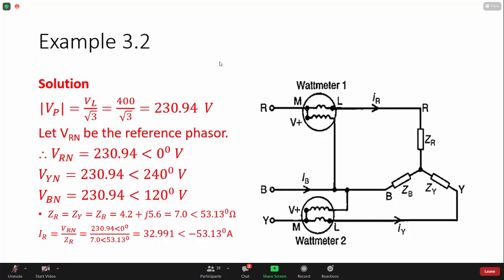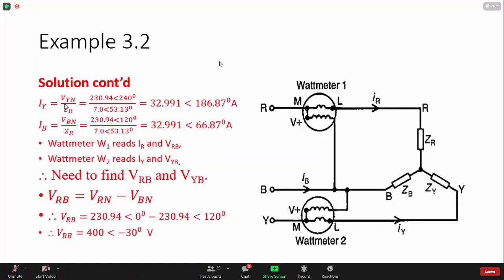All right, so we work out IR, and we do a similar thing for IY. So it's VY divided by, I had ZR, but it's ZY and ZB. But you know, they are all the same anyway.